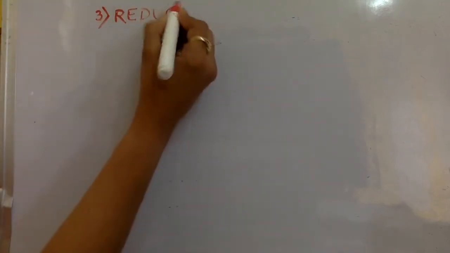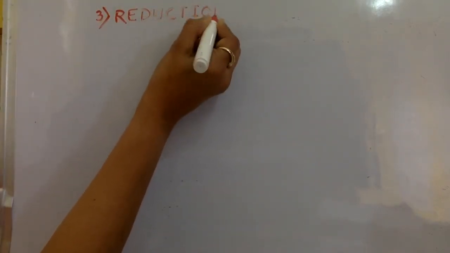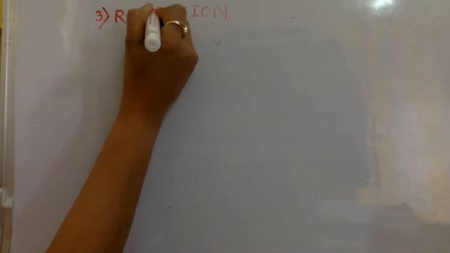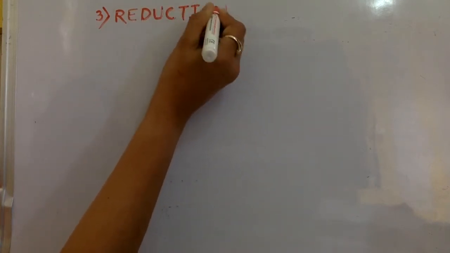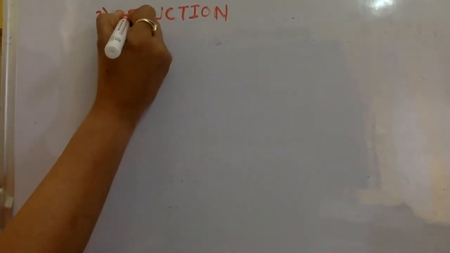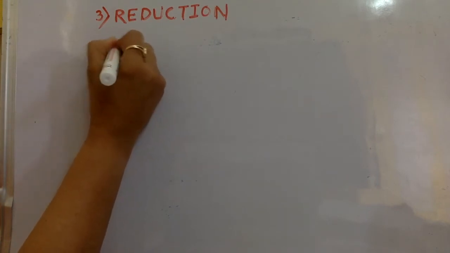As far as reduction of chloroform is concerned, students, we should remember that chloroform can be reduced in 2 ways. Either we can do a partial reduction.